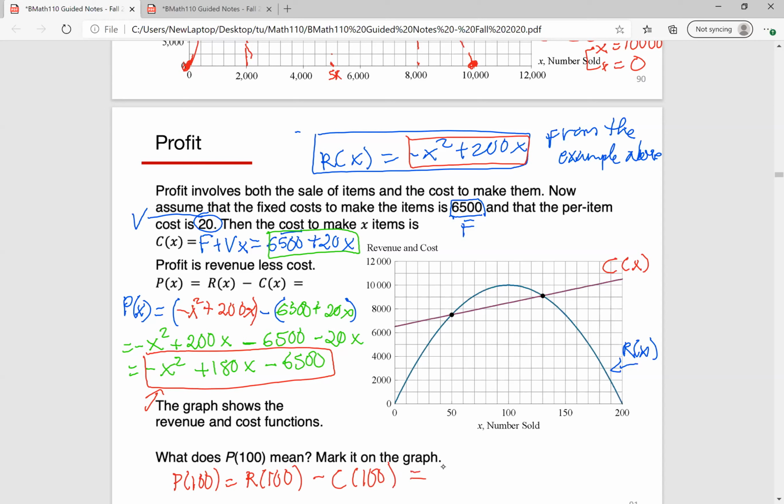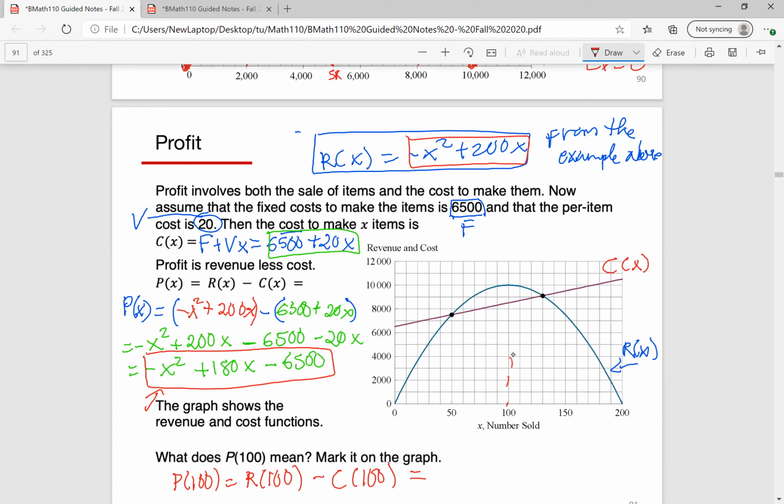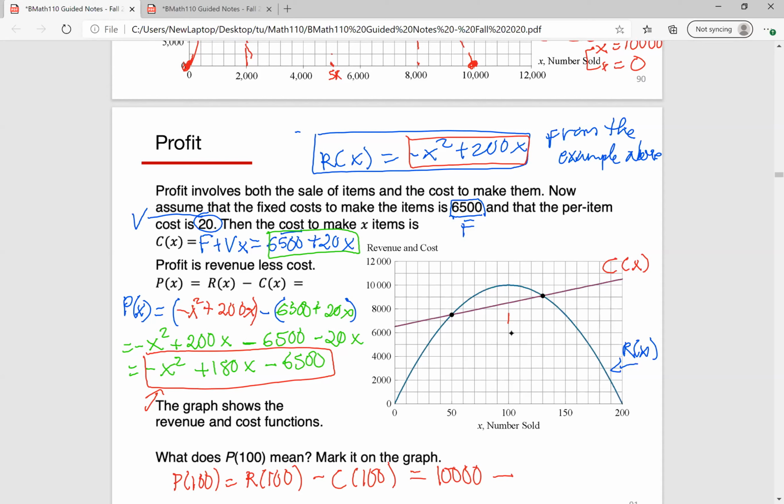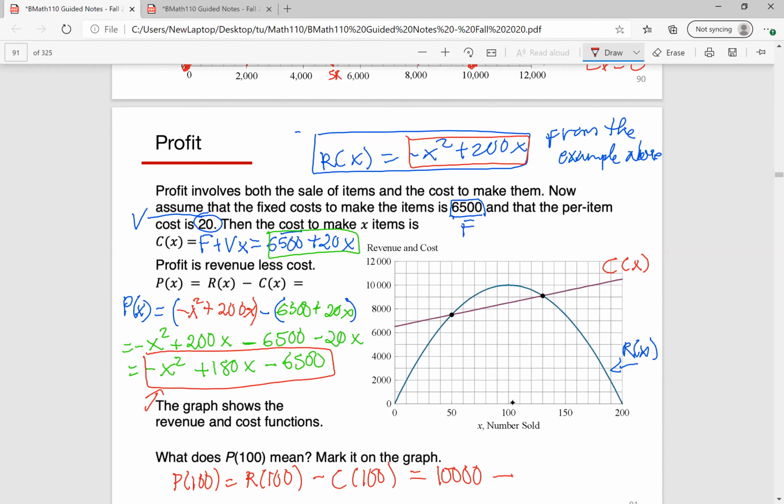And then you should have revenue at 100. Where's the revenue function? It's here, and that's going to be 10,000. And then minus the cost at 100. So let's come back with 100 here.